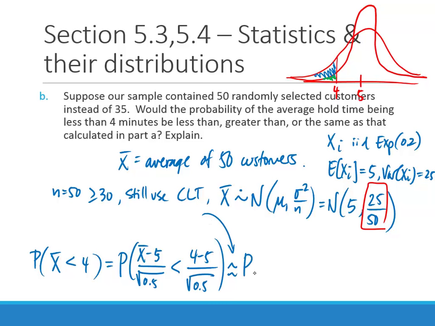This is about the probability that a standard normal is less than negative 1.41, which, if you look that up in the table, is 0.0793. Which is indeed less than the 0.1190 we found previously.